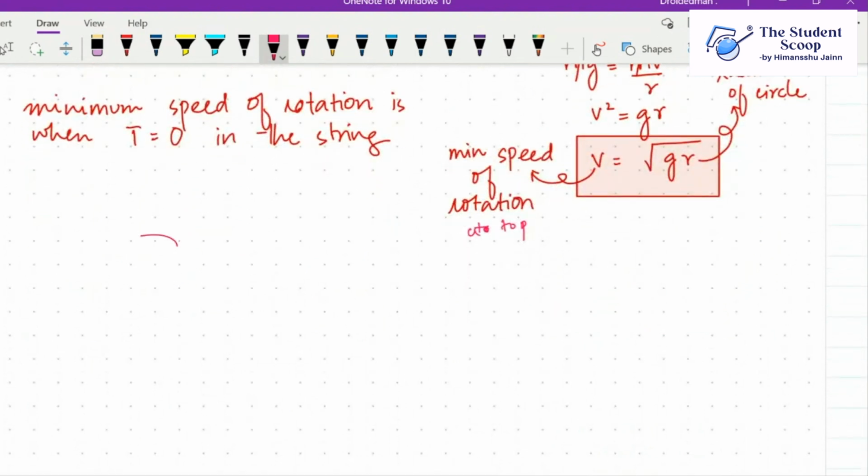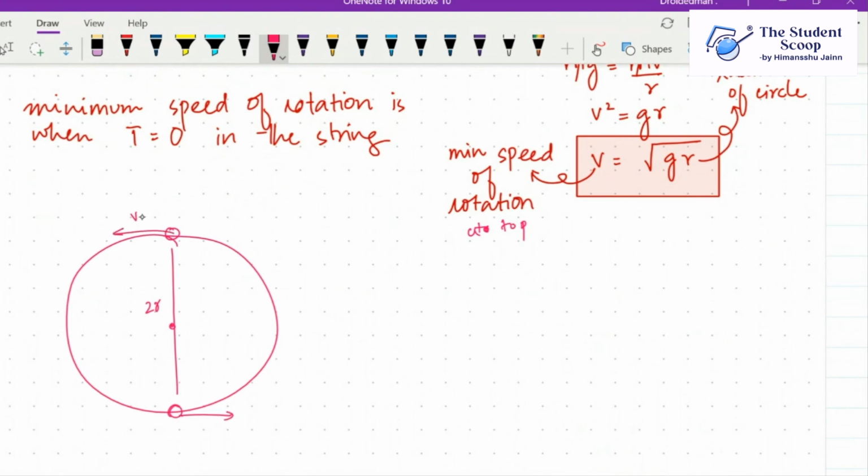Now, if this is my radius and the diameter is 2r, and I want to calculate the velocity at the bottom, given the velocity at the top is root rg, I can use conservation of energy between point A and point B. At point A, it has mg2r, the gravitational potential energy, plus half mv square, the kinetic energy at A.